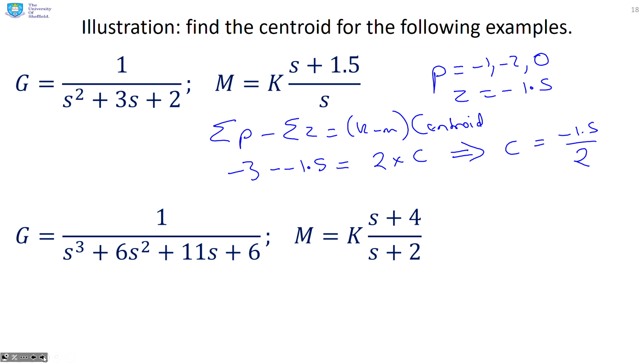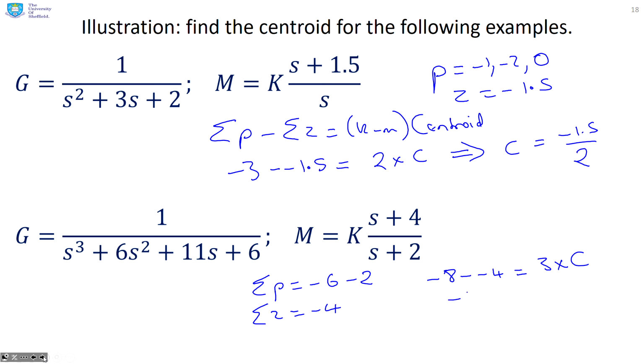Now for this next example, once you get familiar with the formula, you can actually write things down fairly quickly. The sum of the poles in this particular case is going to be -6 minus 2. The sum of the zeros is -4. So you put the formula together and you're going to get -8 minus -4 equals 3 times the centroid, because k minus m is clearly 3 for this case.